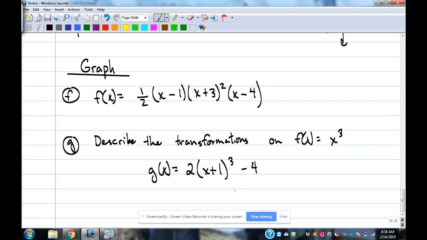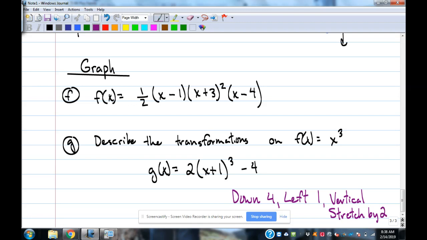Down 4. Left or right? Left 1. What else? Vertical stretch or compression? Stretch, by a factor of 2.